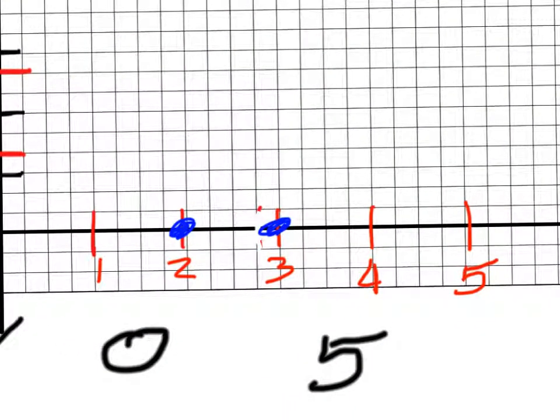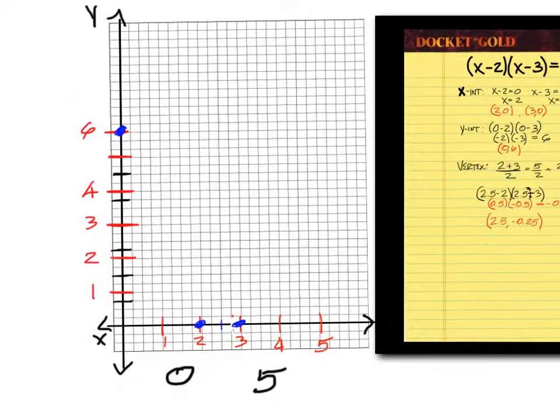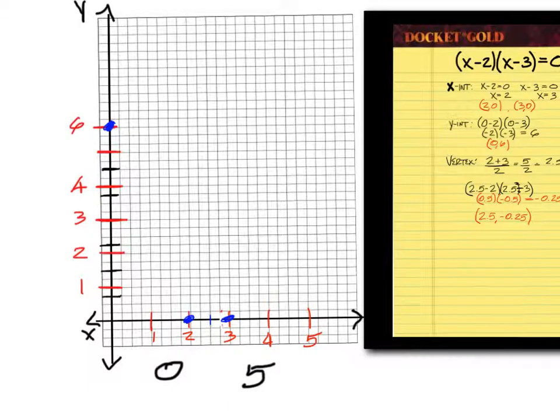Well, here is 2.5, and I'm going to put an axis of symmetry in there. I'll make it red. There's the axis of symmetry, and we have to go down 0.25.